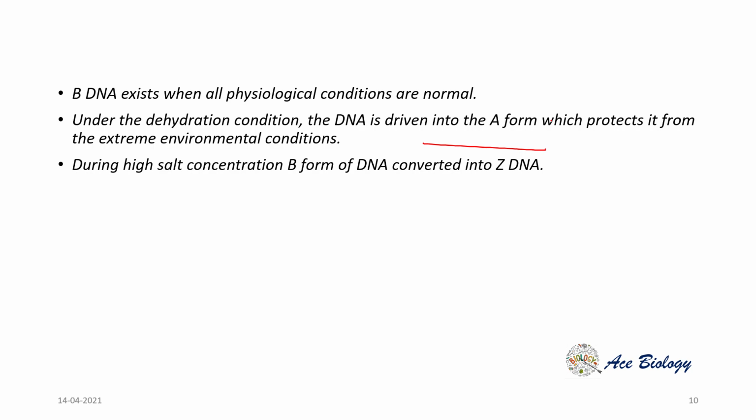Now, it does this just to protect it from the external environmental conditions. And also, whenever we observe any high salt concentration, it is seen that this B form will get converted into the Z DNA. So that's all for this DNA structures and the RNA structures.